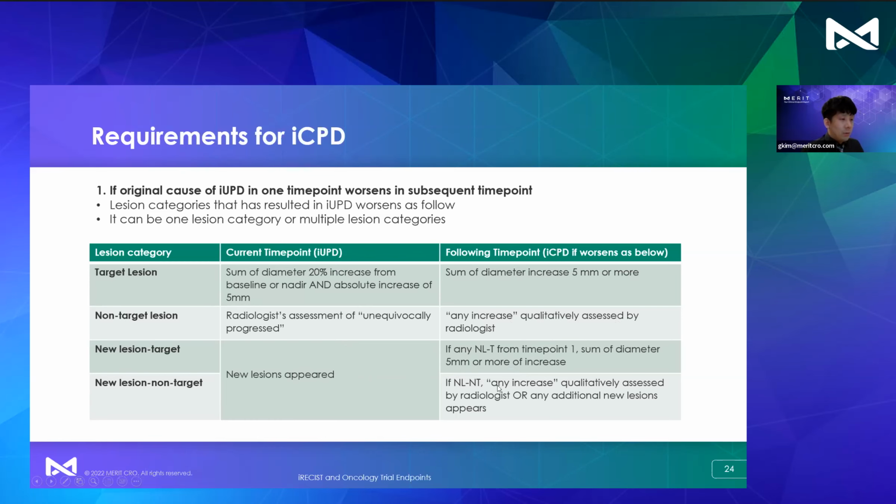Also, if there is any qualitative increase assessed by the reader, or if any further new additional lesions appear on top of the new lesion that appeared at the original time point, those will be conditions for an ICPD. So that's the first scenario where ICPD can be assigned.